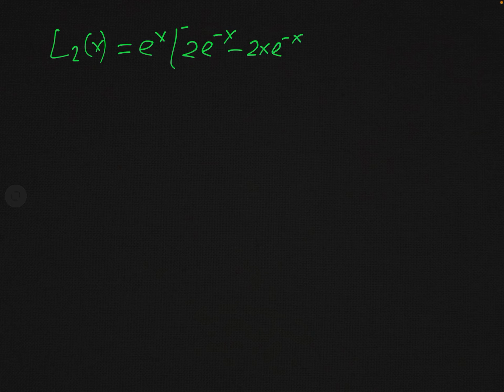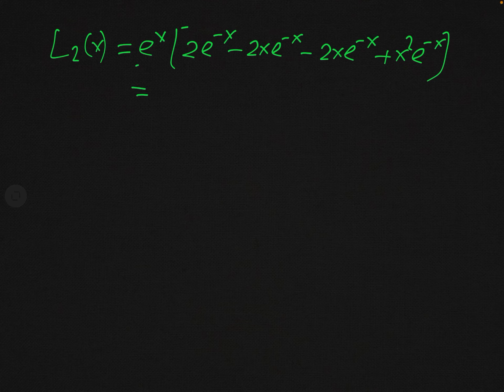L2 of x will be e raised to the power x times [2e to the power minus x, minus 2x e raised to the power minus x, minus 2x e raised to the power minus x, plus x square e raised to the power minus x].